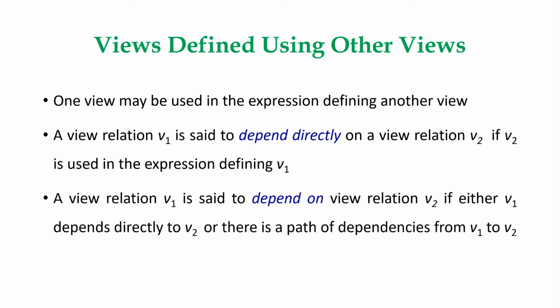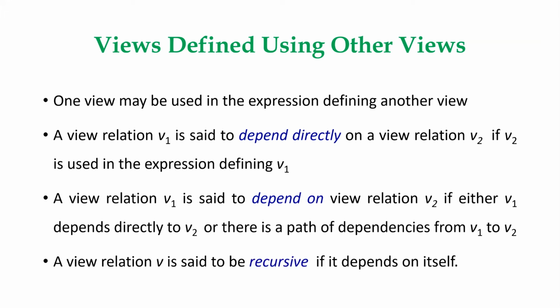Second, a view relation is said to depend on another view relation if there is a dependency path from V1 to V2, and a view relation is said to be recursive if it depends on itself. So when a view depends on another view, there are two things: one is depend directly and the other is depend on. When a view depends on itself, it is said to be recursive.